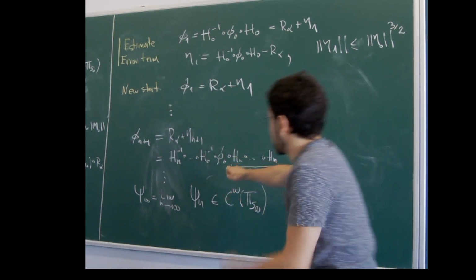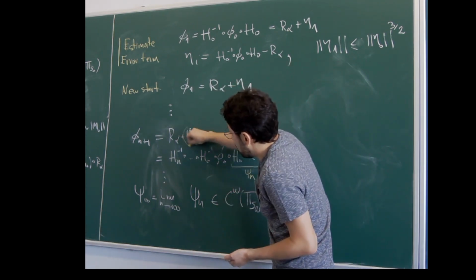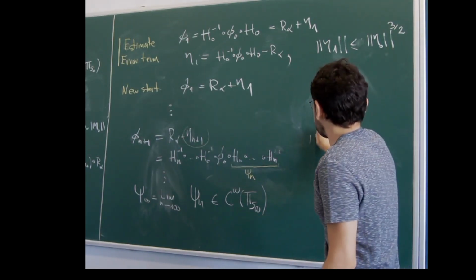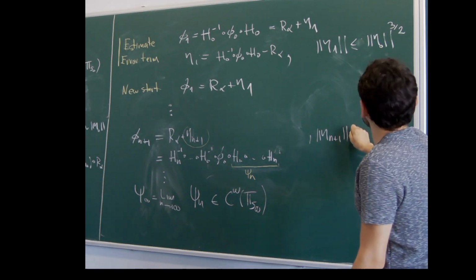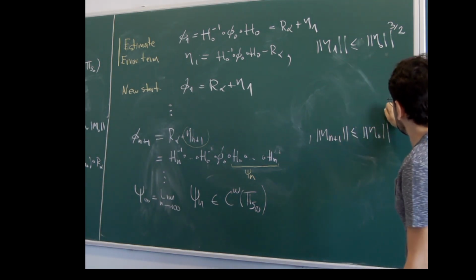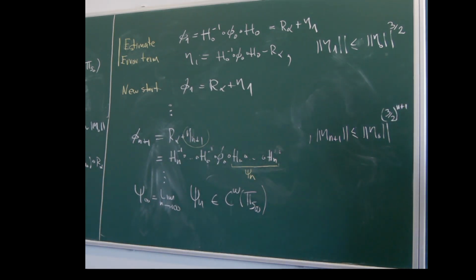And then when I take this to the limit, since these error terms are decreasing very fast, if I can repeat this process, what I know about these error terms is that this one is smaller or equal than whatever I started with to this. So it's really going very, very fast to 0 if this is more than 1.